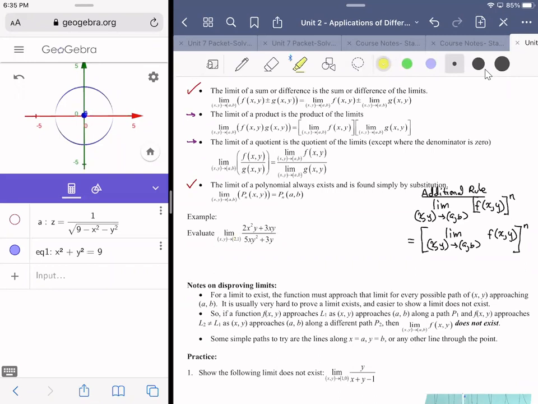So I have the x value is equal to 2. So everywhere I have an x, I'm going to replace it with a 2. The y value is approaching 1. So everywhere I have a y, I'm going to replace it with a 1. So we'd be looking at 2 times 2 squared times 1 plus 3 times 2 times 1 over 5 times 2 times 1 squared plus 3 times 1.